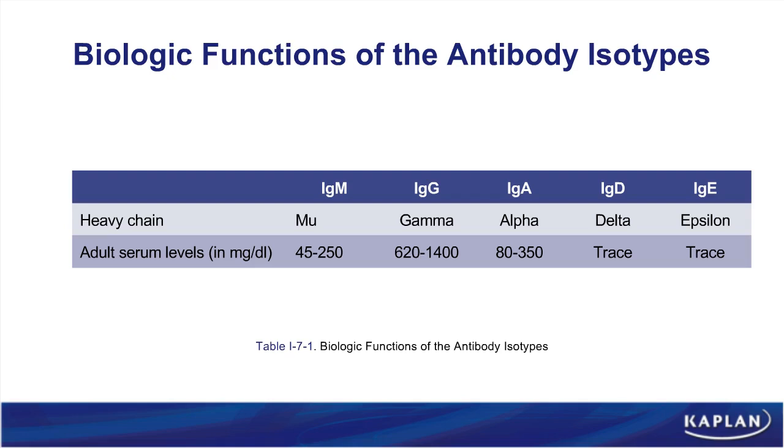You can definitely see that IgG is the most abundant antibody in the serum, followed by IgA and IgM, whereas you can really not find IgD because it's not secreted, and you'll only find trace levels of IgE unless, of course, there is some type of type 1 hypersensitivity or parasitic infection.